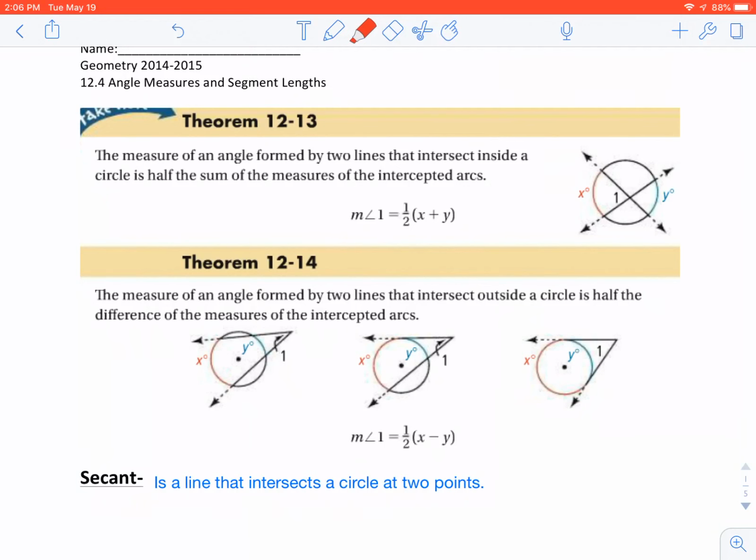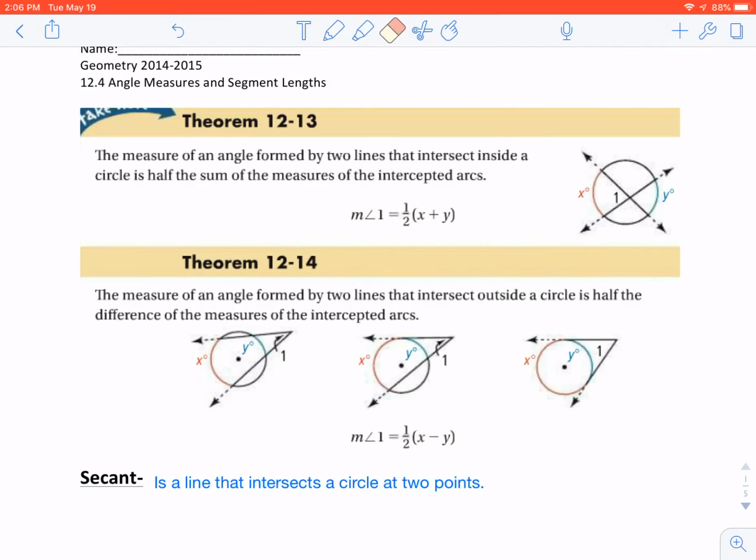Listed right in the beginning here are your two formulas that are going to drive most of this material. The only difference is where the intersection of the two lines occurs, okay? The formulas are extremely similar. The only difference is one has a plus sign between x and y, one has a minus sign between x and y.